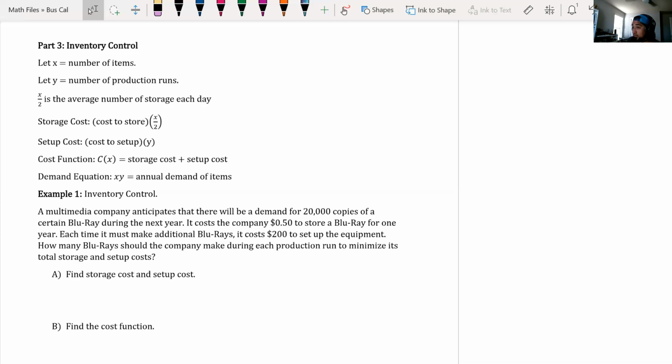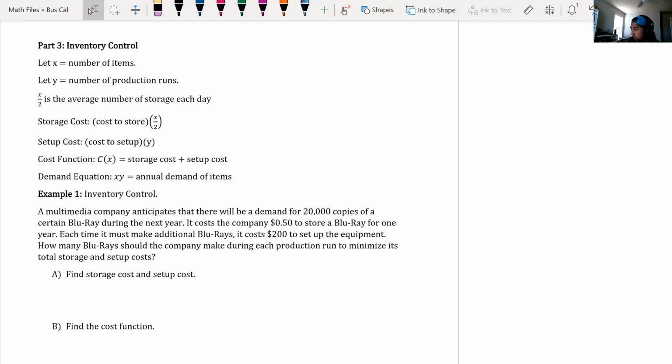So once again, we are creating equations, we're creating formulas, and then we're substituting them in, just like we've been doing for optimization. And then one more equation that we have to deal with is the annual demand of items, which is going to be X times Y. It's how much people demand to be made, or whatever we demand to be made to be sent out to the stores.